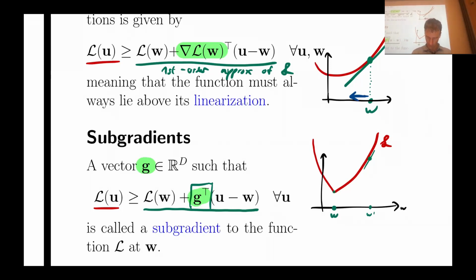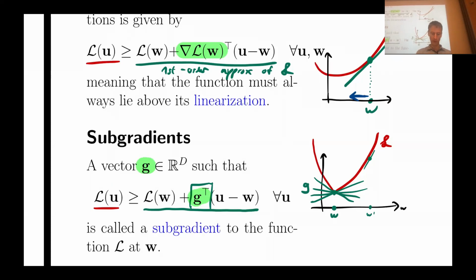So then here there are actually several ways to achieve this property that we talked about. There's many linearizations which all go through this point. So these vectors G, and all of them have this property that the true function, or the red function, will always lie above these green models.